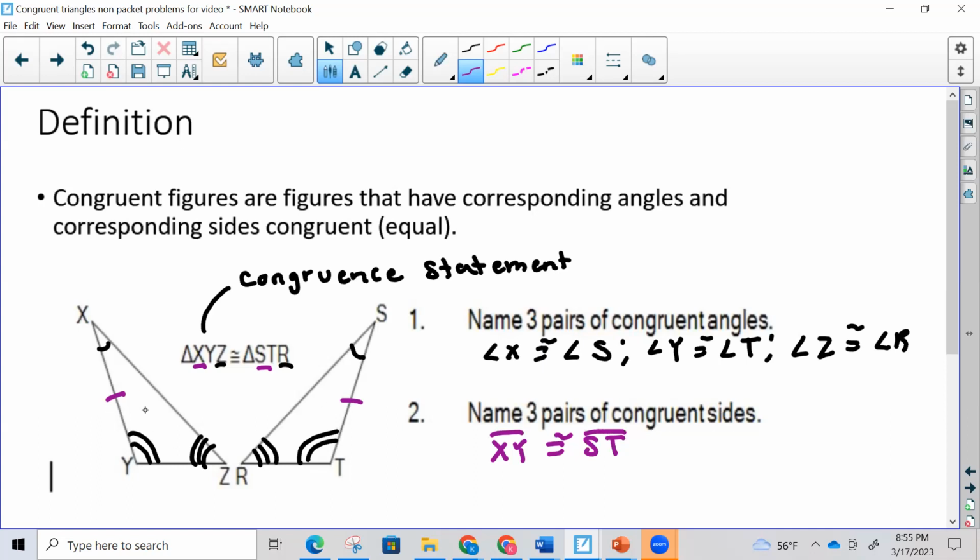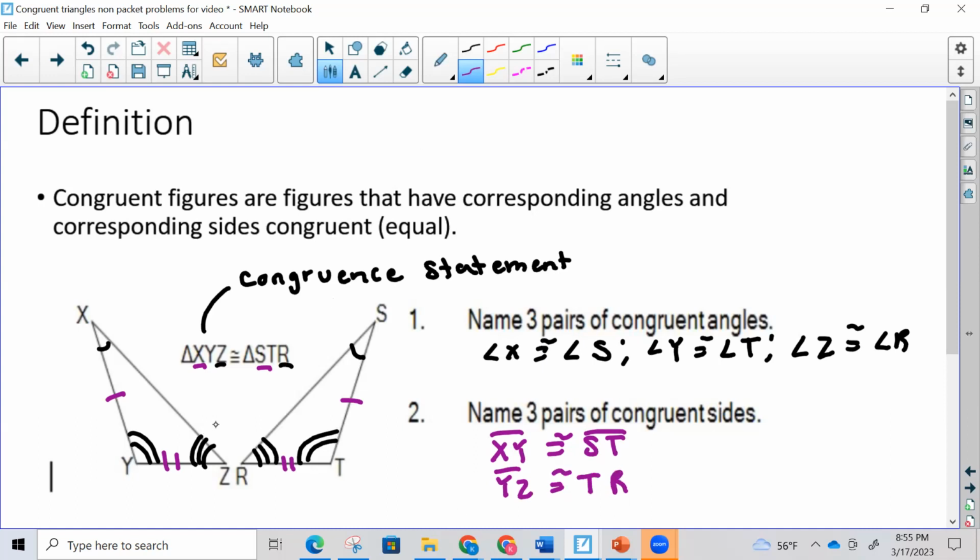I'm going to put 1 tick mark on each to show that those 2 sides are congruent. Then if I do the second 2 letters, YZ, that is going to be congruent to the second 2 letters in the second part, which is TR. And so I know that YZ is congruent to TR.